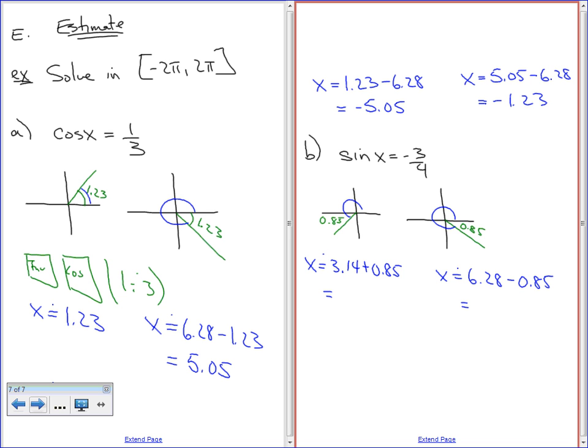So the first one I think you can do because it's pretty easy. What's the next one? 5.43. So those are your primary roots. Now to get inside the interval, you have to subtract off again multiples of your period, which is 2 pi.